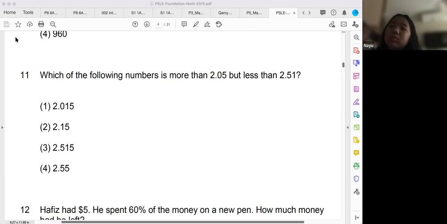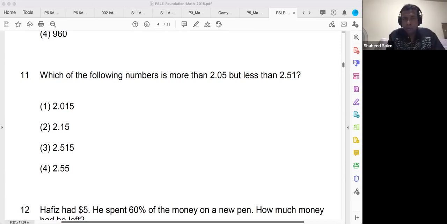Number 2. Number 2. Well done. So again, I'm just going to revise to see whether you did the same thing. This you change to 2.450 and this one is like 2.510 with a 0 now. So if we want a number that falls in between, 2.105 is like smaller.